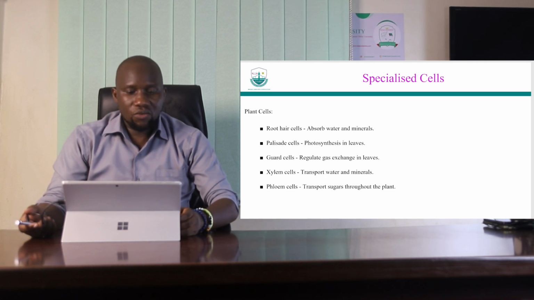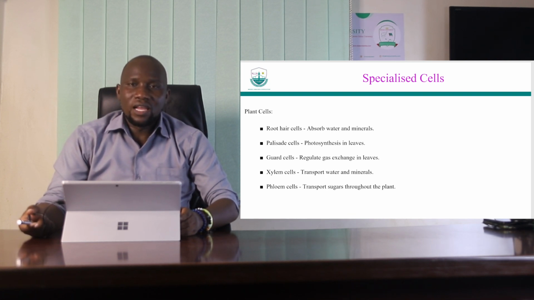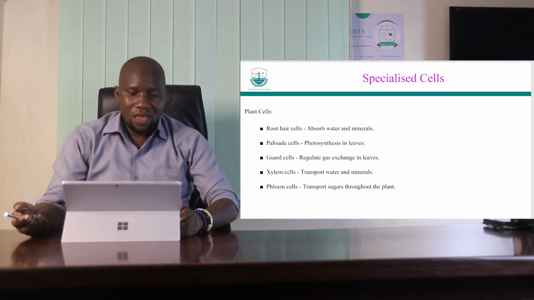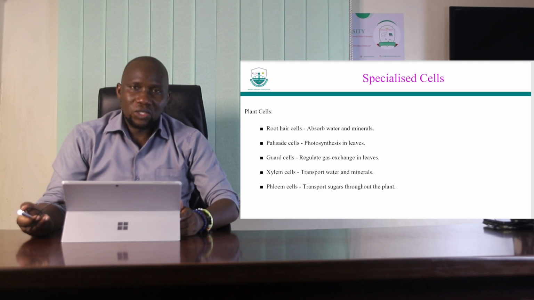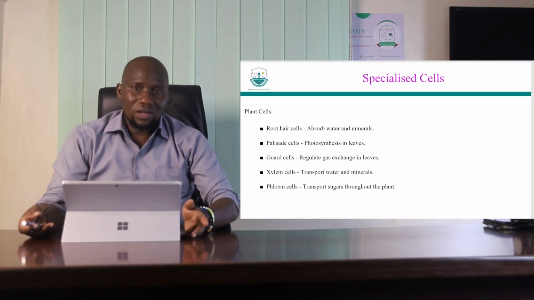So in this session we have looked at cells. We said the cell is the basic unit of life, and we have some organisms that only have one cell, others have many. We have looked at the structure of the plant and animal cell under the microscope, and we have noted that the plant cell has certain organelles that the animal cell does not have.